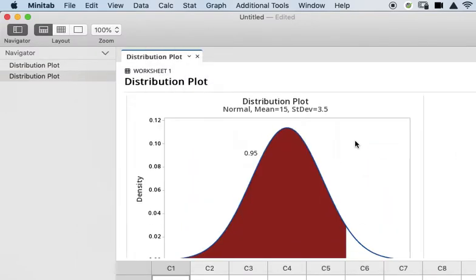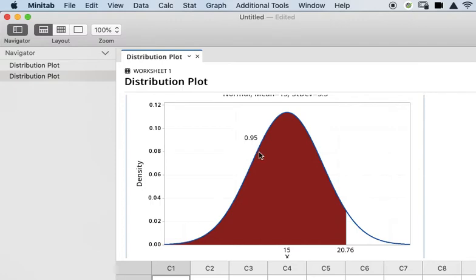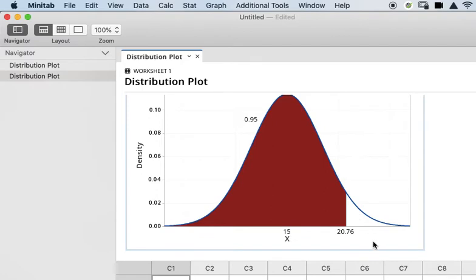And here's my graph. Now notice that the 0.95 above the graph is shaded. That's telling me that 95% of the area is shaded, which is what I want. Now 95% isn't my answer this time. This time I find my answer by looking on the x-axis. 20.76 is my answer in this case.